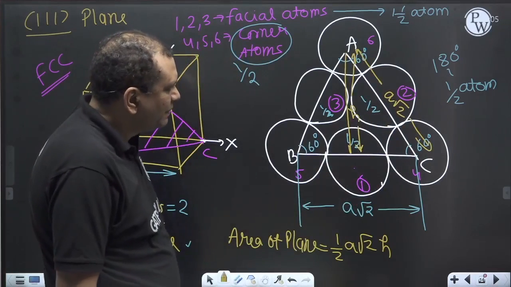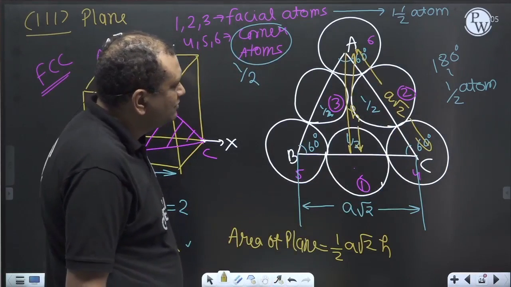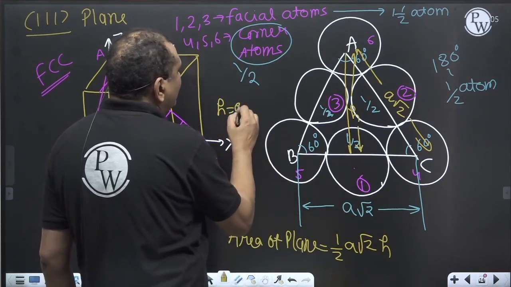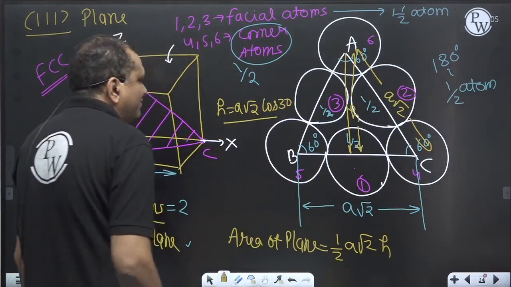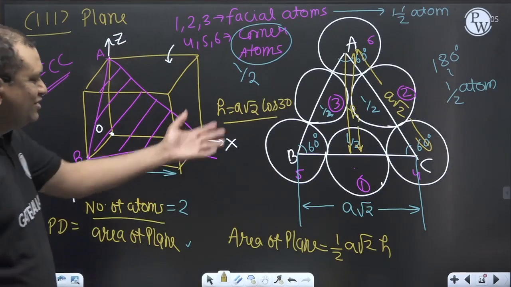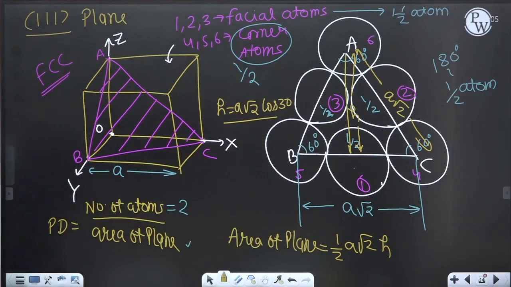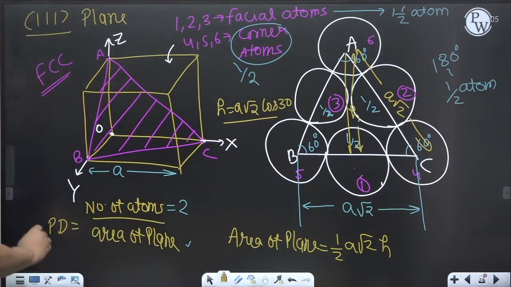So H will be nothing but A root 2 cos 30. So everything came in terms of A, and that A can be converted into R. So can you tell me what is the planar density?